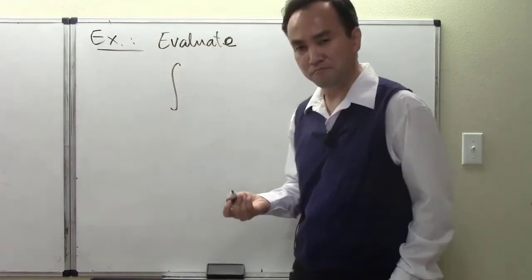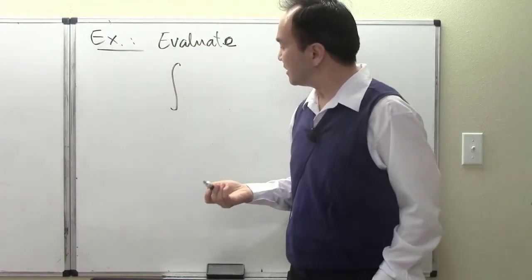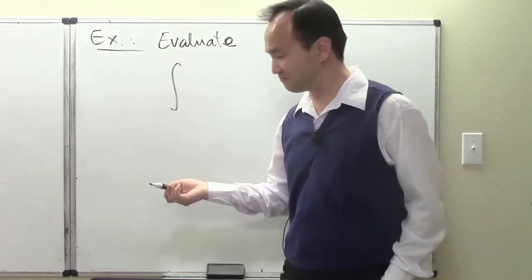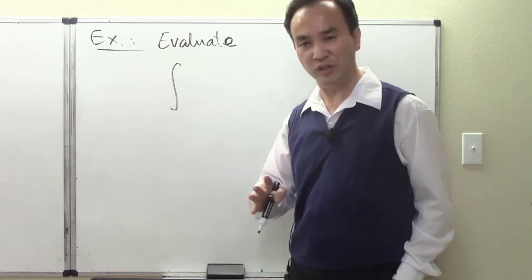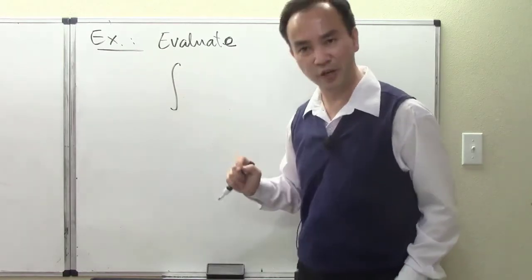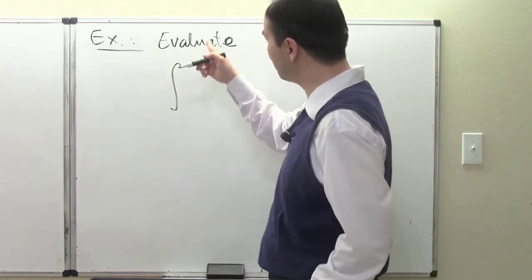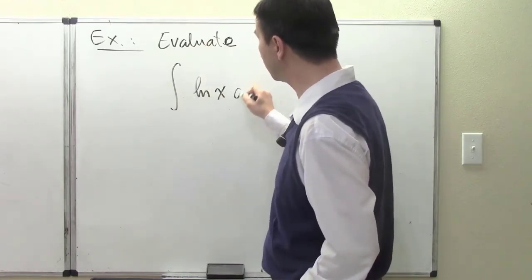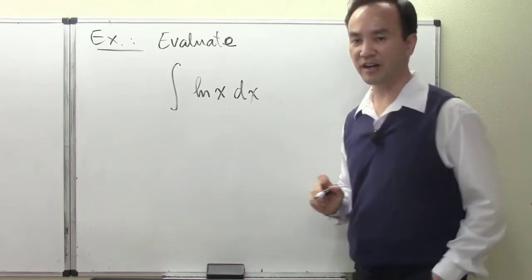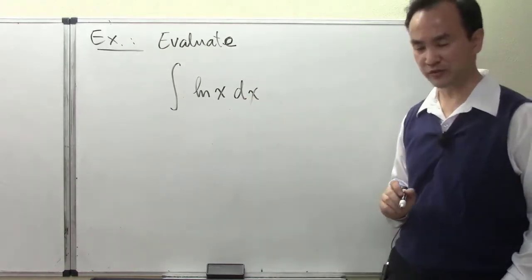In most of my example videos for integration by parts, I will mostly focus on indefinite integrals. Here we would like to find the indefinite integral of the simple function natural log of x, and of course there is that dx component right here.